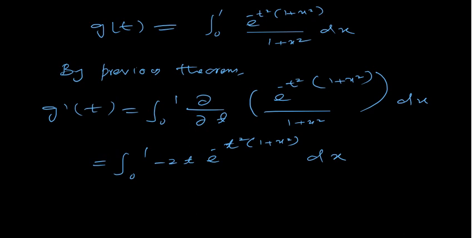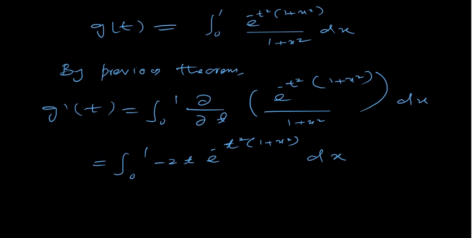Okay, what's the partial derivative of this function? It's equal to e power, then the differentiation of the inner function, which is minus 2t times 1 plus x square.